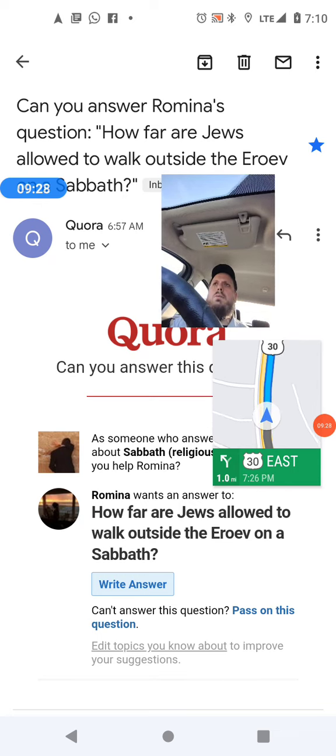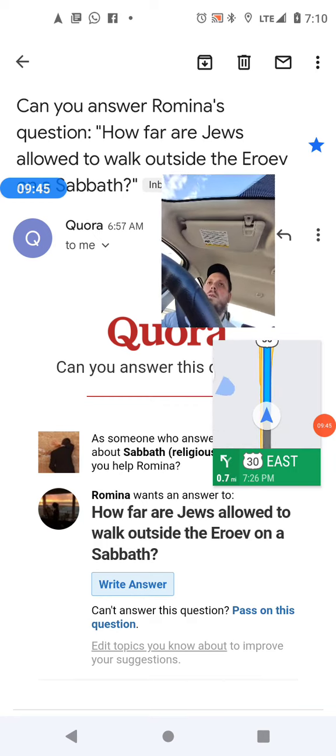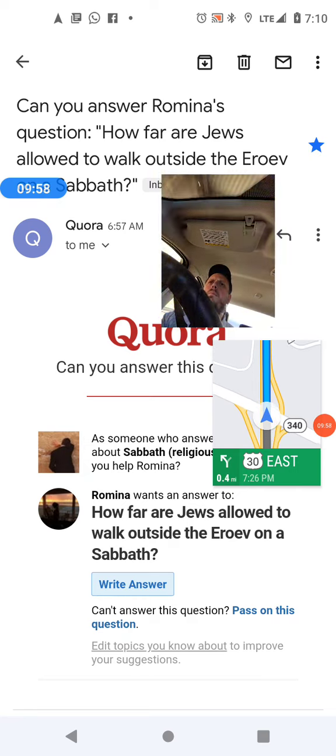That is how far you're not even allowed to do that. But if you would carry less than that, well, no, because you're already transporting from the private domain to the public domain. But again, if that area outside the eruv is not really a biblical public domain, it's a carmelis, it would be a rabbinical prohibition, but nonetheless it's prohibited to carry anything outside of the borders of the eruv chatzeros.